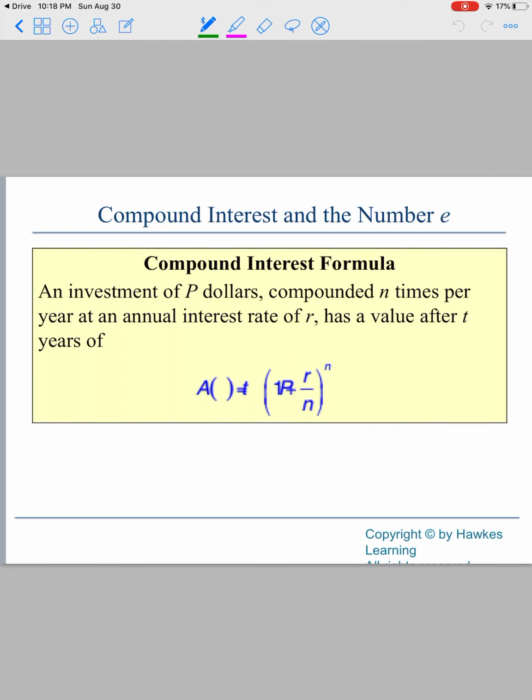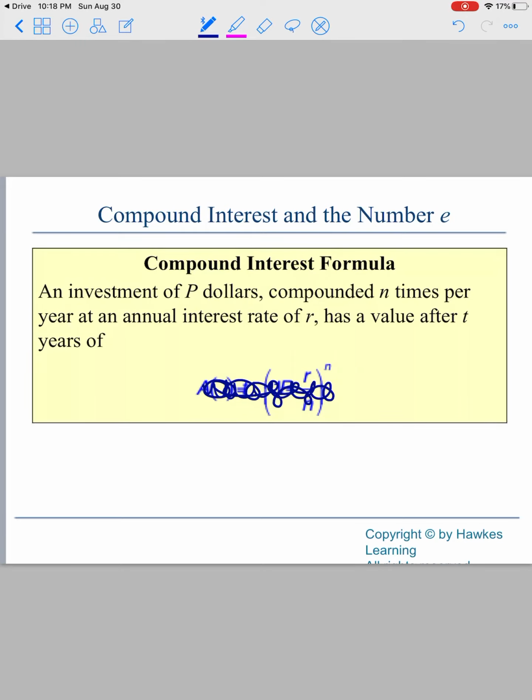And then compound interest, again, for some reason this formula did not convert well. But most of us know about interest when we put money into a savings account in the bank. The bank holds our money. It actually takes it and uses it and gives it to other people. But while it's holding our money, they pay us interest.